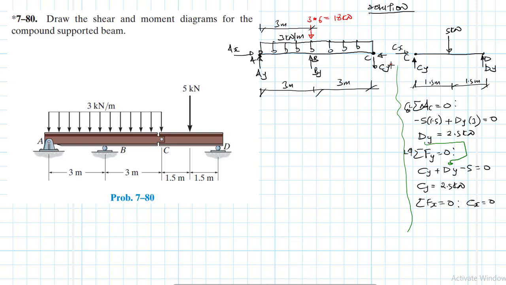So we know that Cy is equal to 2.5, Dy 2.5, and Cx is equal to 0. With that information, we can take moments about point A. Summation of moments about point A equal to 0.